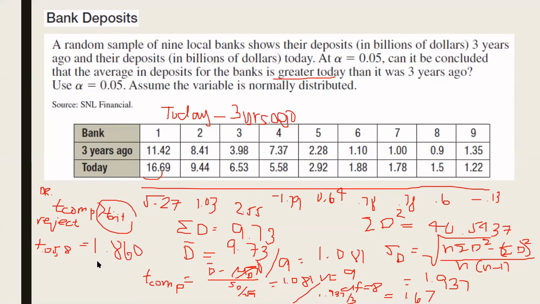Is 1.860 lesser than the computed? The answer is no. Very good. Because t computed is 1.67 and it's not greater than, but it's actually less than.